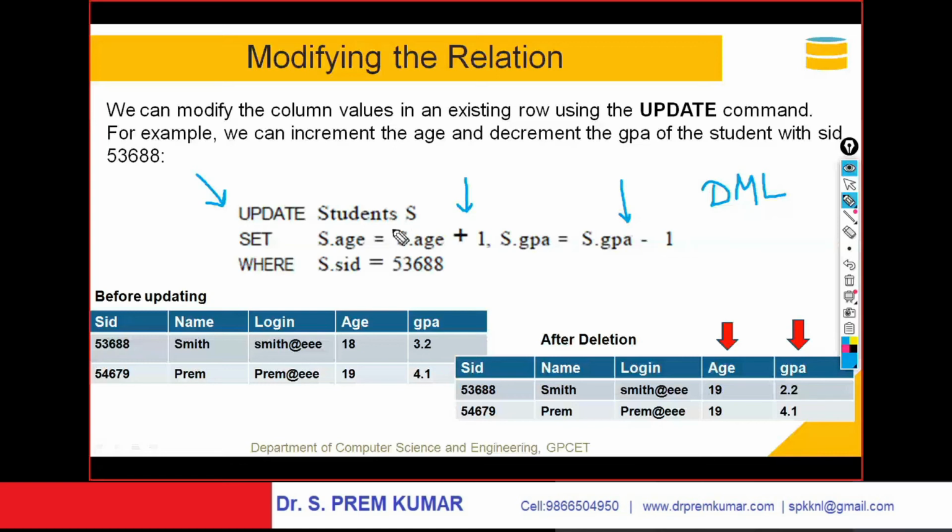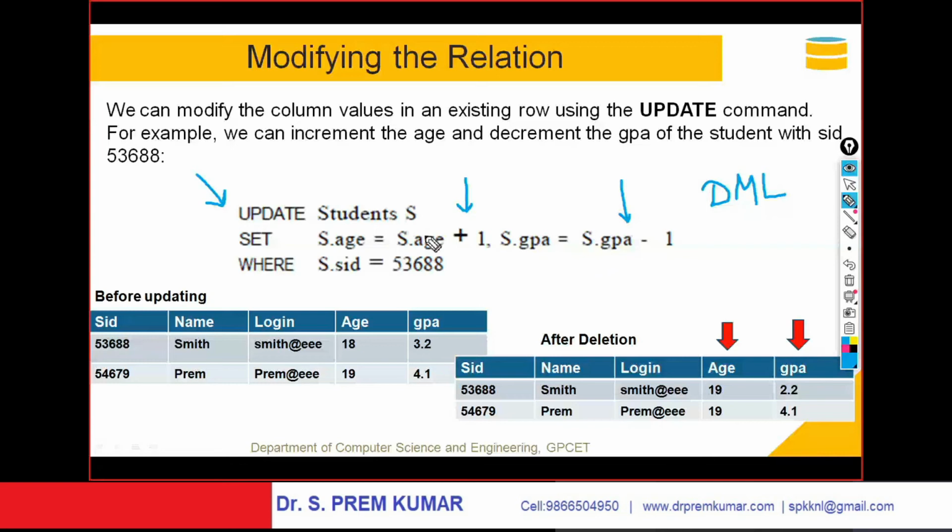Update students. Set age equals to age plus 1. You observe here I am using an alias. This is called alias. The student is represented by S. S dot age means the student's age is increased by 1 and the student's GPA is decreased by 1.